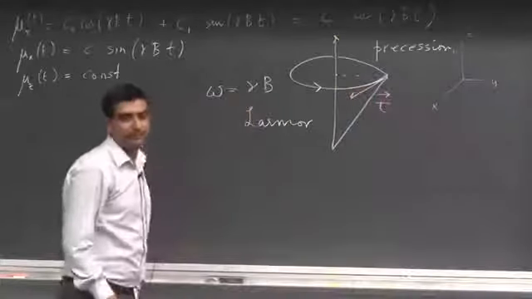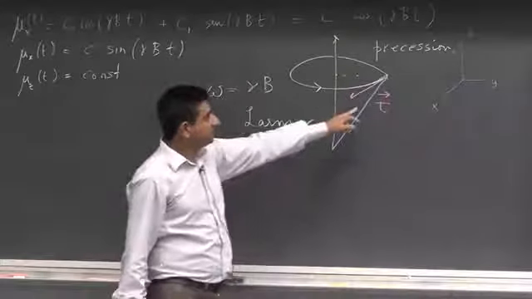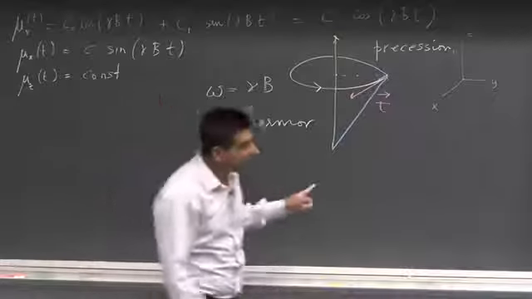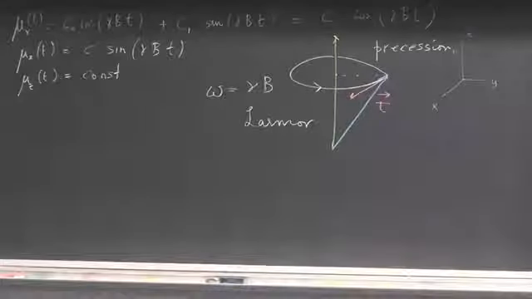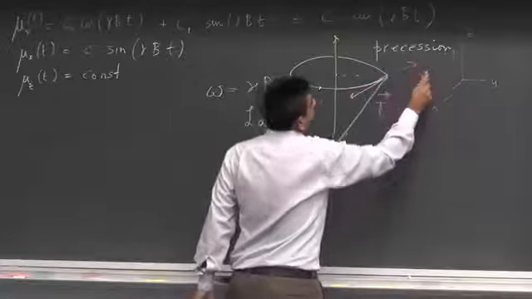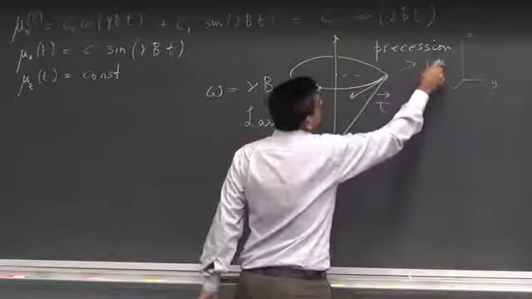Now this shows the change in the magnetic moment with respect to time, because tau, as you all know, gives you the rate of change d mu over dt. So these two things are parallel if gamma is positive, and if gamma is negative, these two things are anti-parallel. Okay. For an electron, for example, gamma is negative because the charge is negative. So for an electron, this is the direction of d mu.